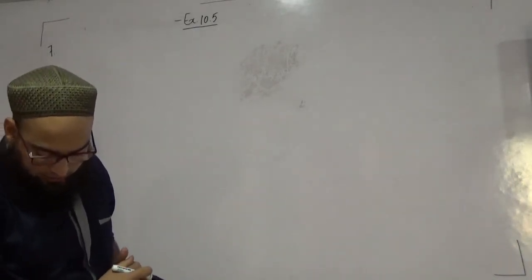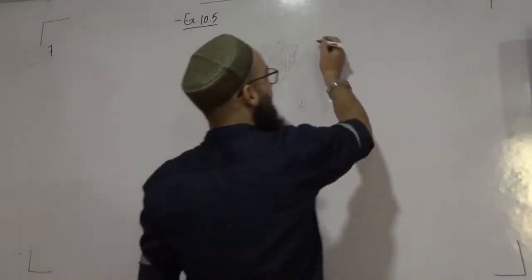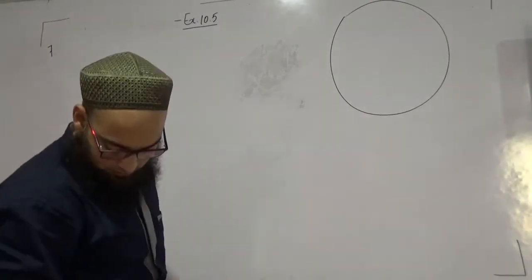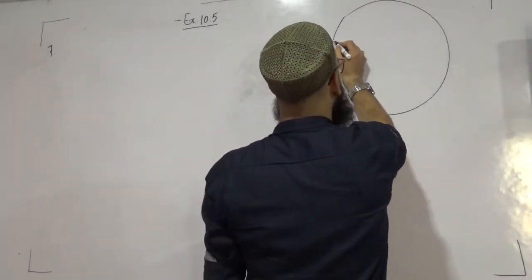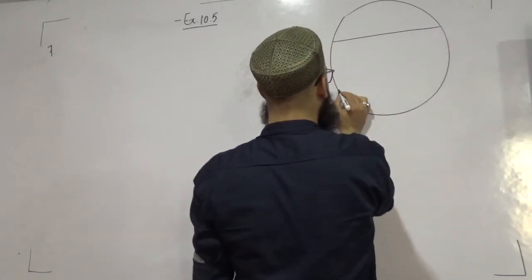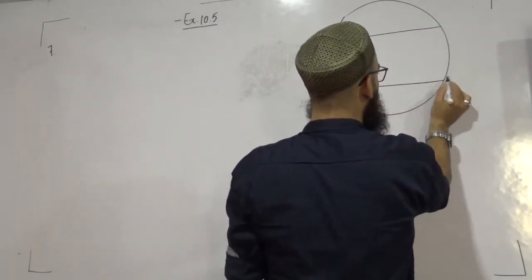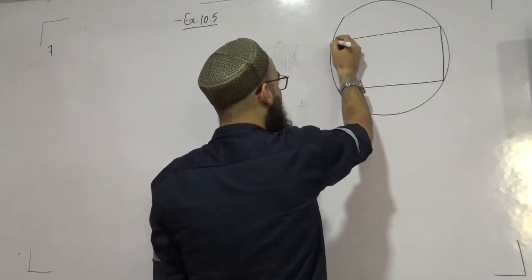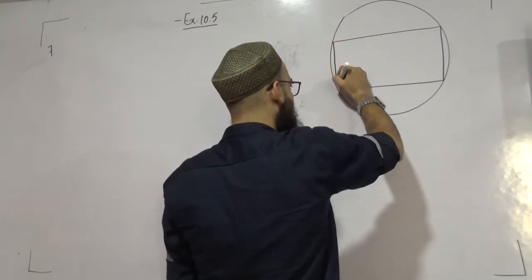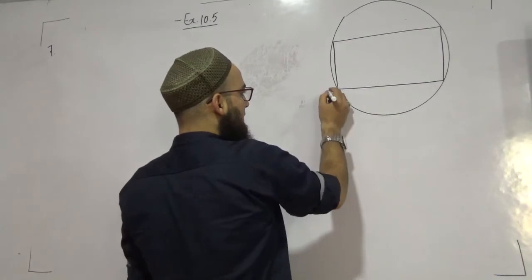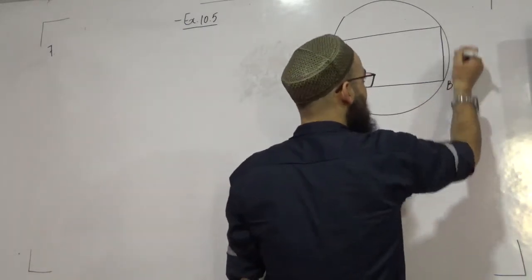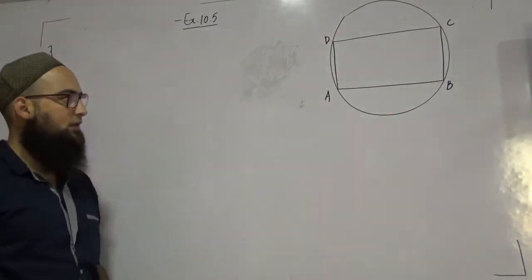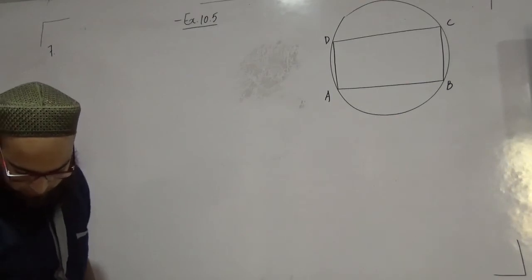So we have a cyclic quadrilateral, say A, B, C, D, because all the vertices of the quadrilateral lie on the circumference of the circle.